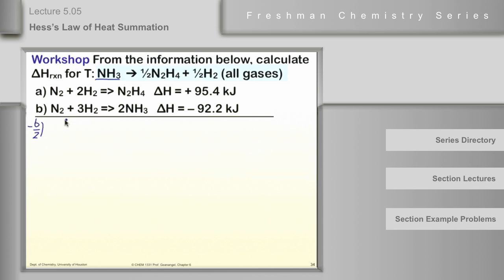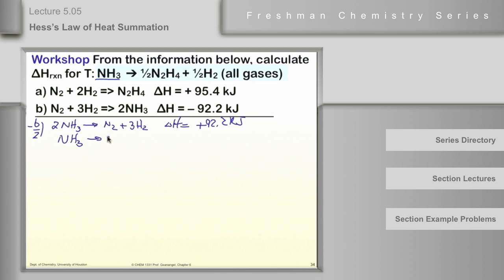So if I change B around, it's going to be, to begin with, 2 ammonias goes to N2 plus 3H2. Delta H for that, we haven't divided by 2 yet, is equal to plus 92.2 kilojoules. Okay? And now if we divide by 2, we have to divide everything by 2.